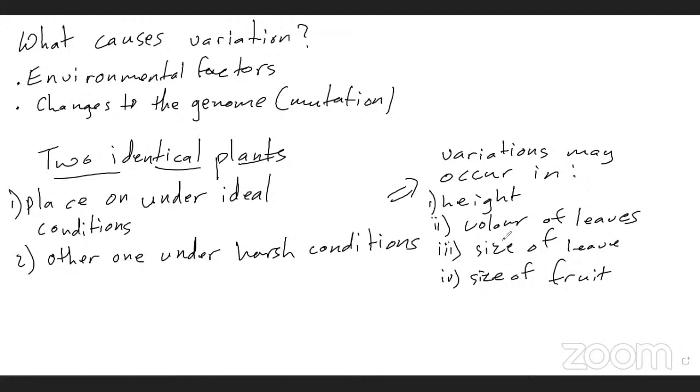So when environmental factors cause variation, it is not influencing the genome, so the type of variation it leads to would be continuous. All right. So environmental factors are not affecting the genome, so it would not lead to any discrete phenotype being formed.